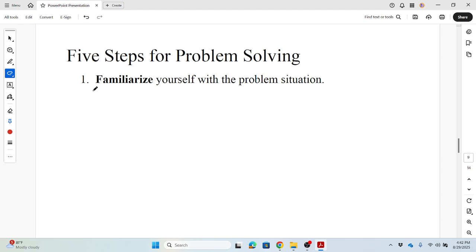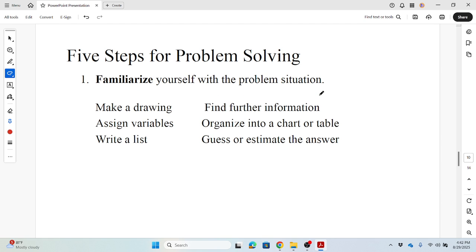That's only possible if you familiarize yourself with the problem situation. There are different ways to do it, but some tips are: you can make a drawing, assign a variable, write a list, find further information, make a table, or estimate a given situation. So that's how you can try to understand the problem.